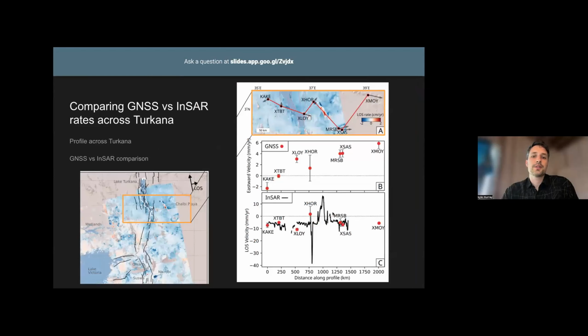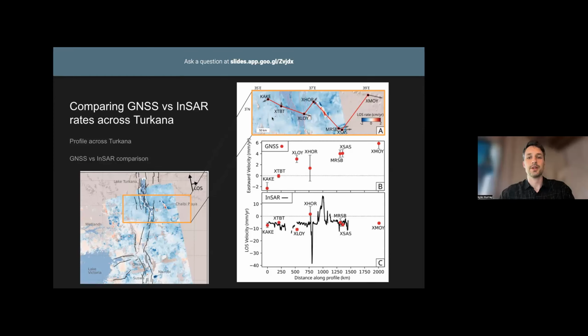So first, looking at the tectonic progression across the rift. This is a profile across the Lake Turkana Depression connecting a bunch of different GNSS stations up there. On the left is the map showing the profile location, and on the top you can see the profile path overlaying the InSAR velocity map.